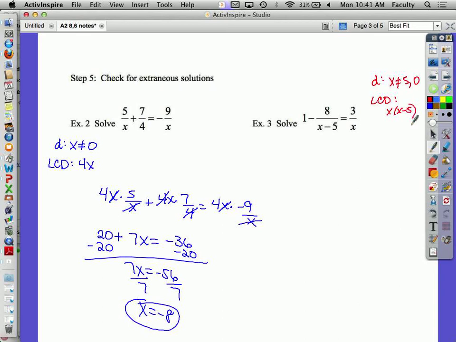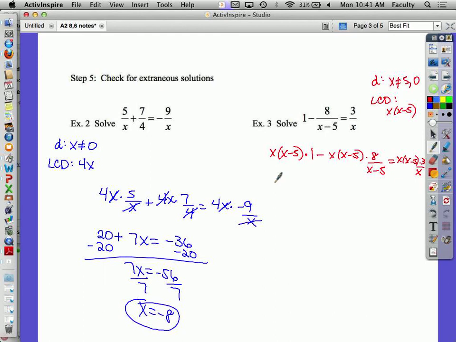And remember guys, LCD is a product. It's x times the x minus 5. So now watch what I'm going to do. I'm going to multiply every term by the LCD. When you start getting more comfortable with this, you can mentally multiply and do that without showing the steps.